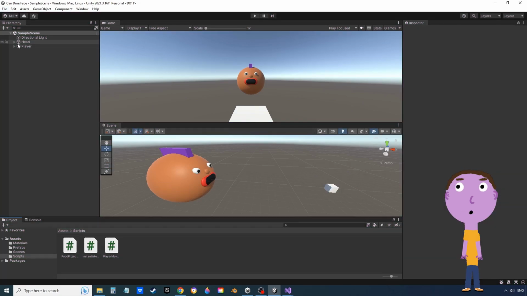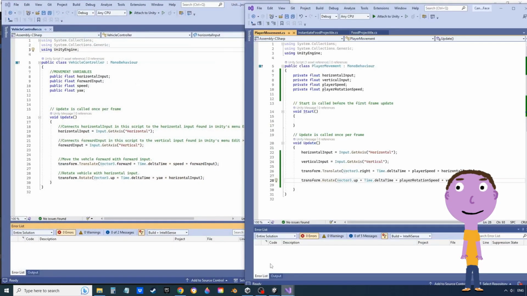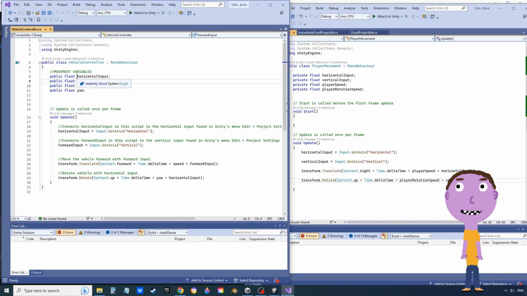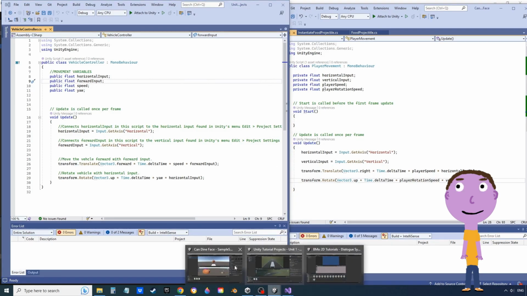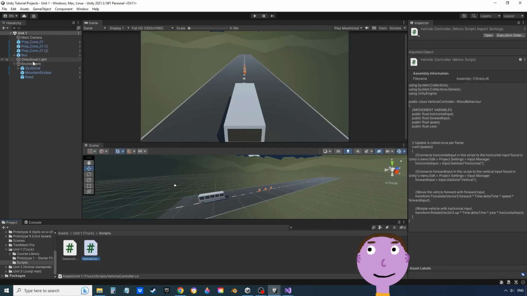Okay, well, the script is on the player. Take a look at the script. What's the difference? This was public floats, so that means horizontal input, forward input, speed, yaw, those could all be defined in Unity in the game inspector on the right hand side, so they should be over here.